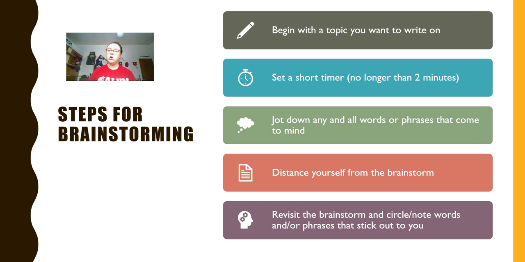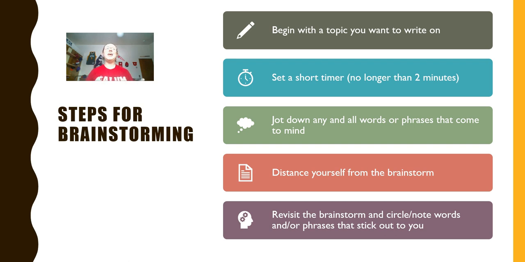So if you haven't done so already, before you define what that topic is that you want to brainstorm on, think about how you responded to the other solutions or perspectives in your synthesis. Think about how you want to approach the topic and/or the problem you've identified, and approach this brainstorming through that lens. Next, you'll want to set a short timer. Much like with free writing, you want to keep an eye on your time.